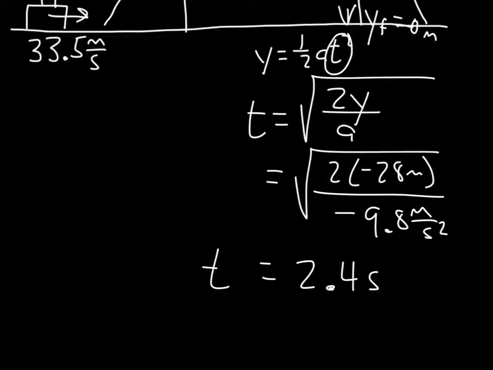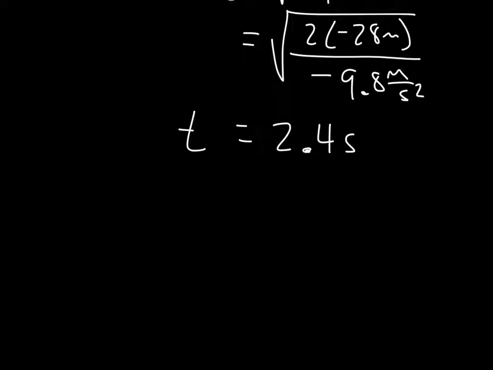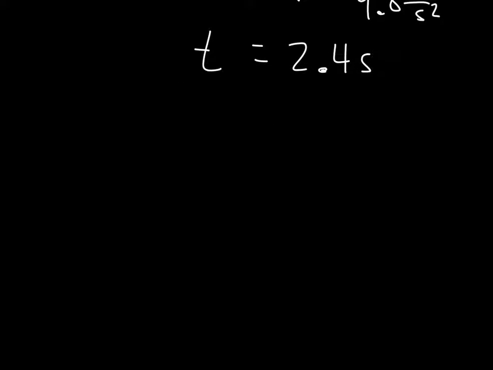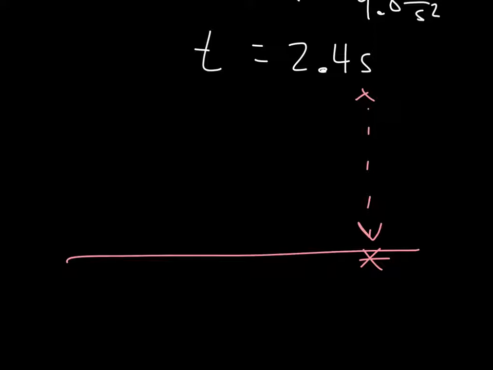Okay, so this is the first part of the problem. So we know that we have to drop the ball, the bowling ball, 2.4 seconds before the robot gets to the X mark. So we have to drop the ball when the robot is somewhere over here.